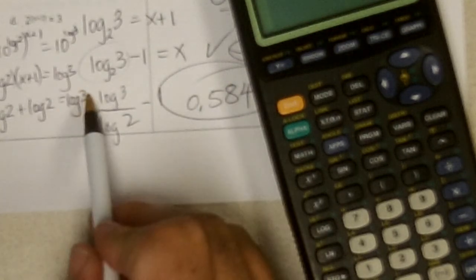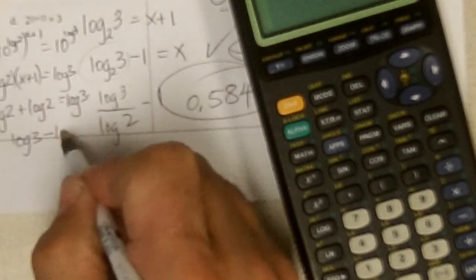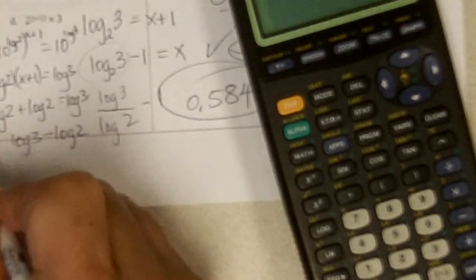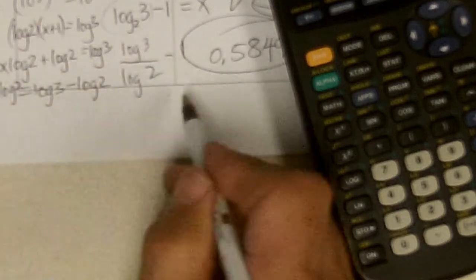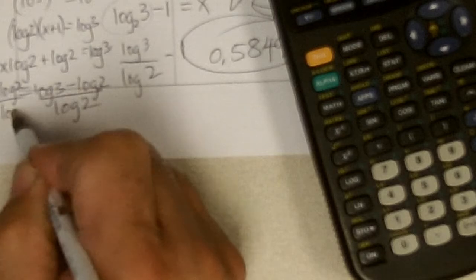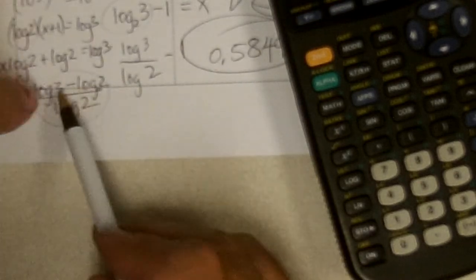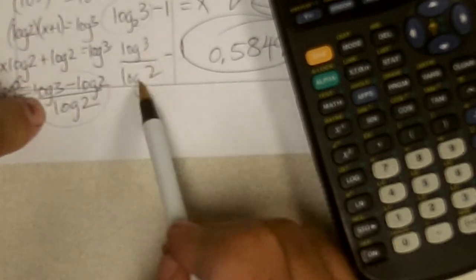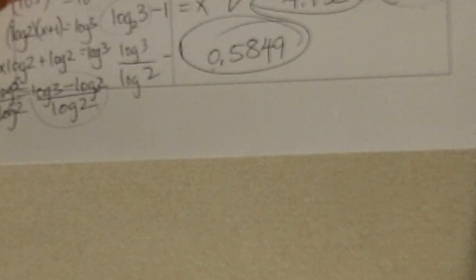So we can subtract log 2 from both sides. So we'd have log 3 minus log 2 equals x log 2. Divide both sides by log 2. And you could type that into the calculator, but this would be log 3 over log 2, and log 2 over log 2 is minus 1, so this will come out to be the same answer.